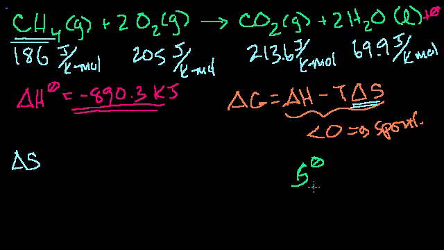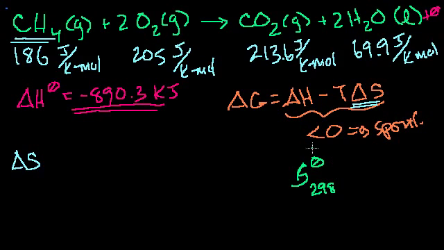When we say standard, it's at 298 Kelvin. You don't necessarily use the word degrees when you talk about Kelvin. So it's at 298 Kelvin, which is 25 degrees Celsius. So it's at room temperature. So that's why it's considered standard temperature.